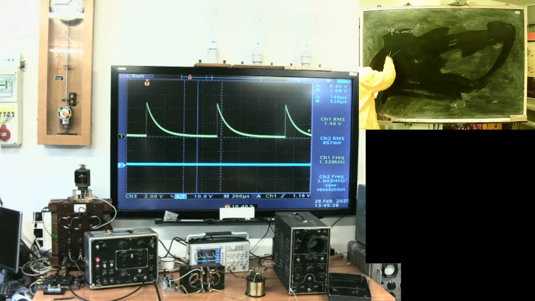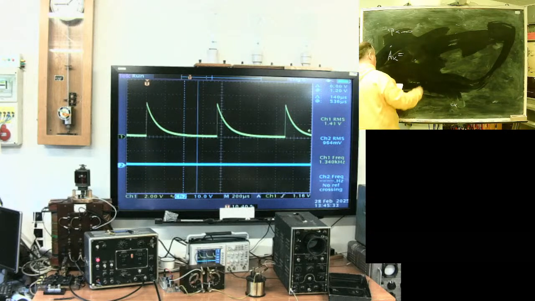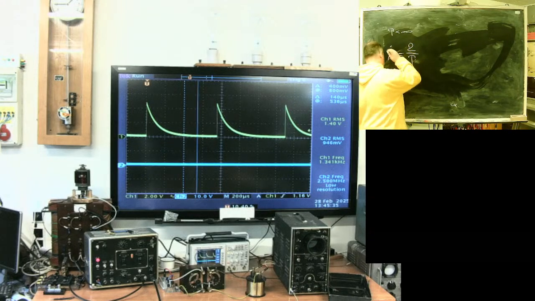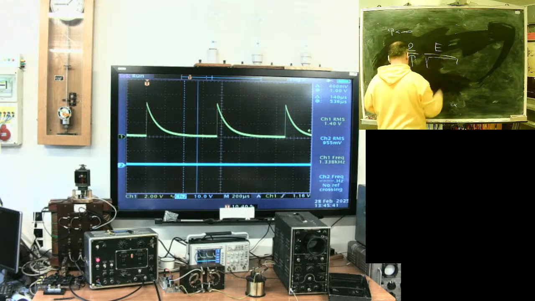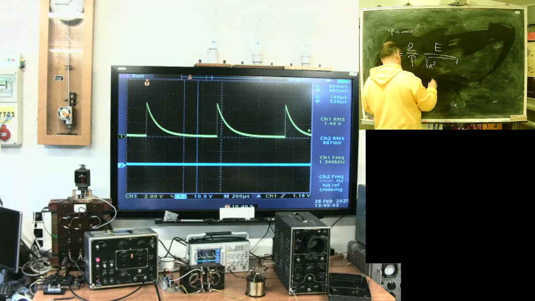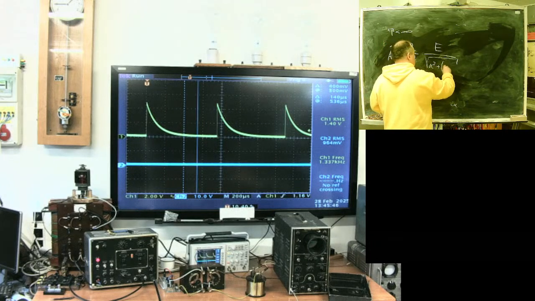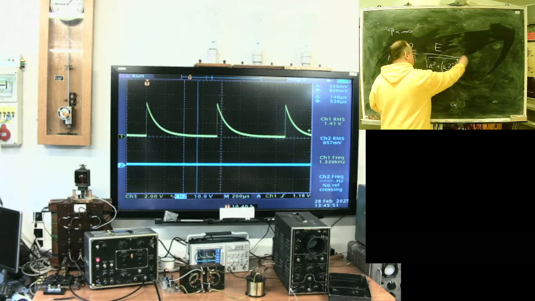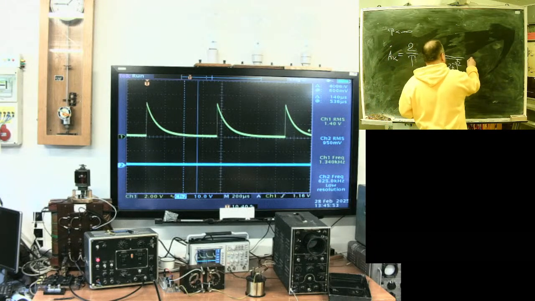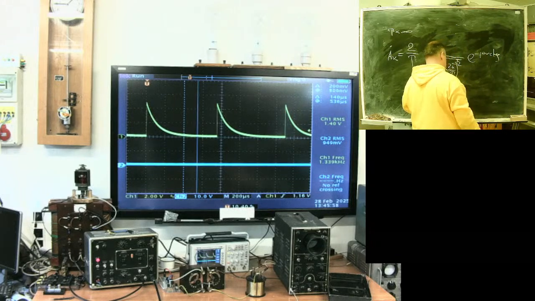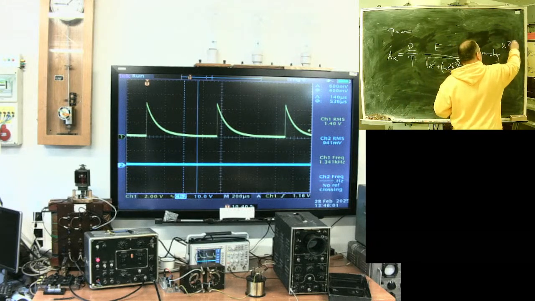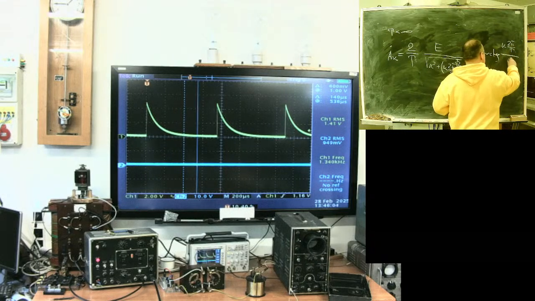For this, I will get a Fourier row: 2 divided by period, multiplied by E divided by the square root of alpha squared plus n 2 pi squared, e to the power minus j arctangent of 2 pi n divided by period divided by alpha.